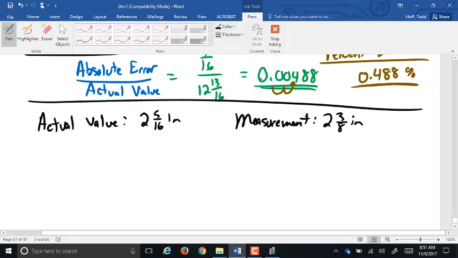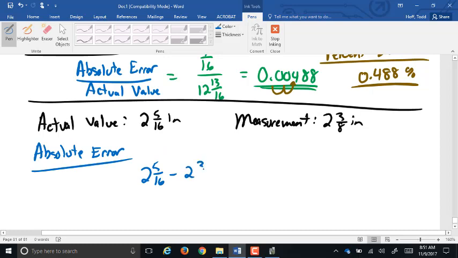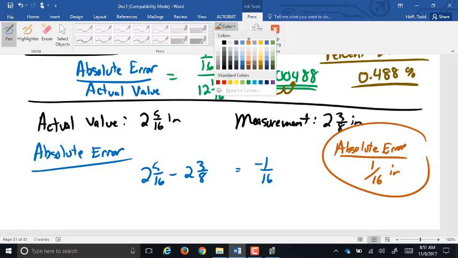What is the absolute error? Well, we subtract them again, 2 5/16 minus 2 3/8. Well, that would once again be a negative 1/16. So that's giving us an absolute error of a 1/16 of an inch again. So it's the exact same absolute error.